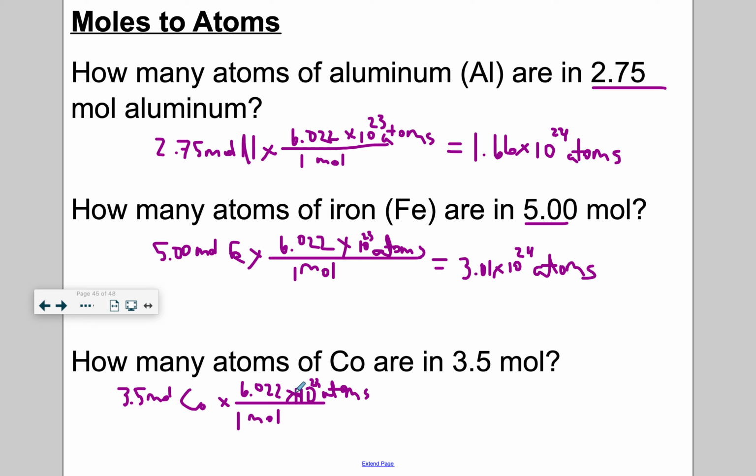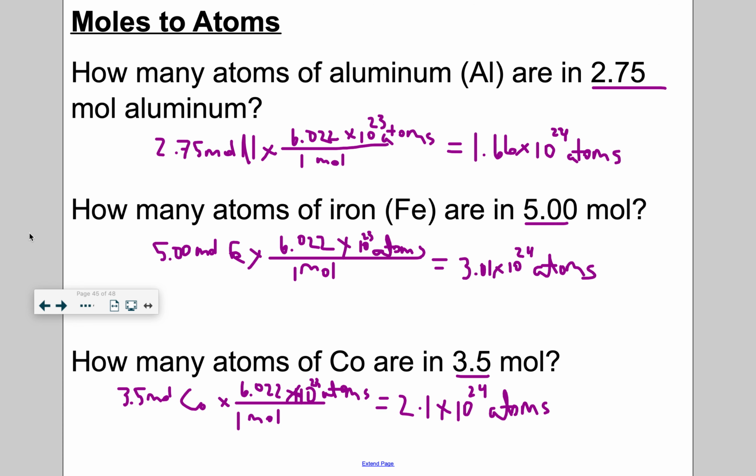Yeah, I just made it worse. Okay, so 3.5 times Avogadro, 6.022 times 10 to the 23rd. I get 2.1077. So we have 2 sig figs, which means my answer will be 2.1 times 10 to the 24th atoms.